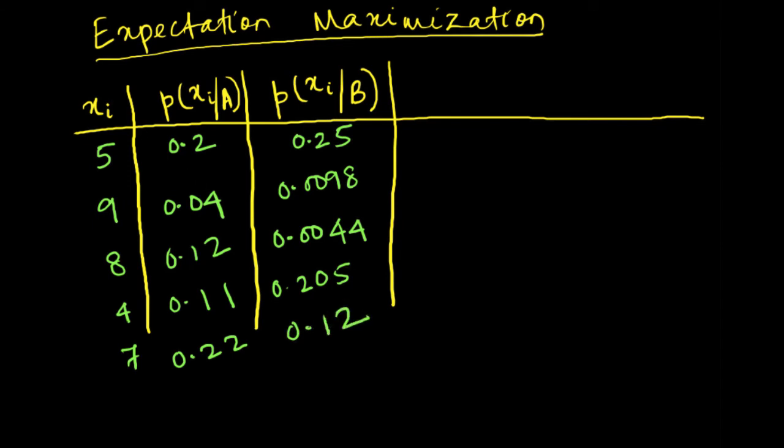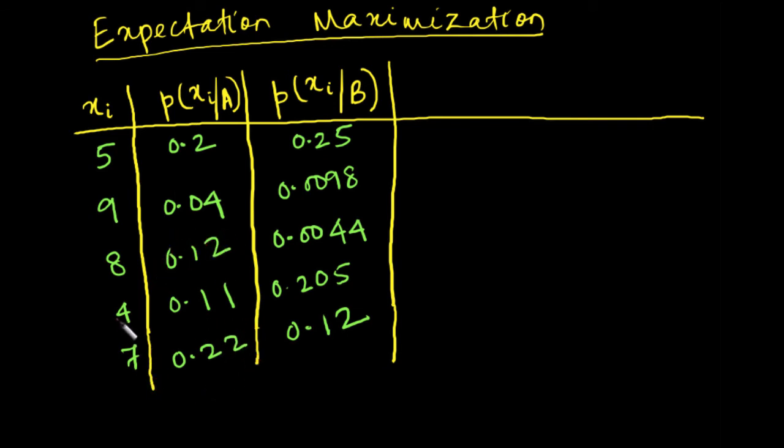So in the previous algorithm, which was a simplistic version of EM in some sense, what we did is that we picked up the values which were larger. So here we picked up this one, and then we picked up this one, and for xi given A we picked up this one, and the last one.